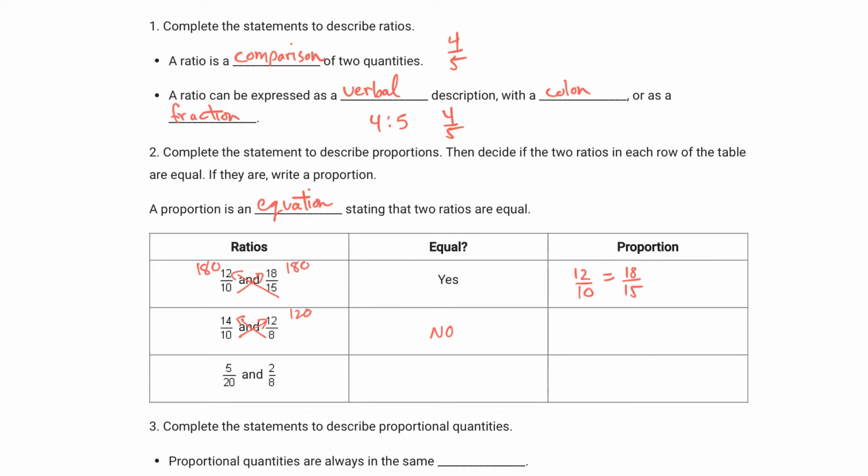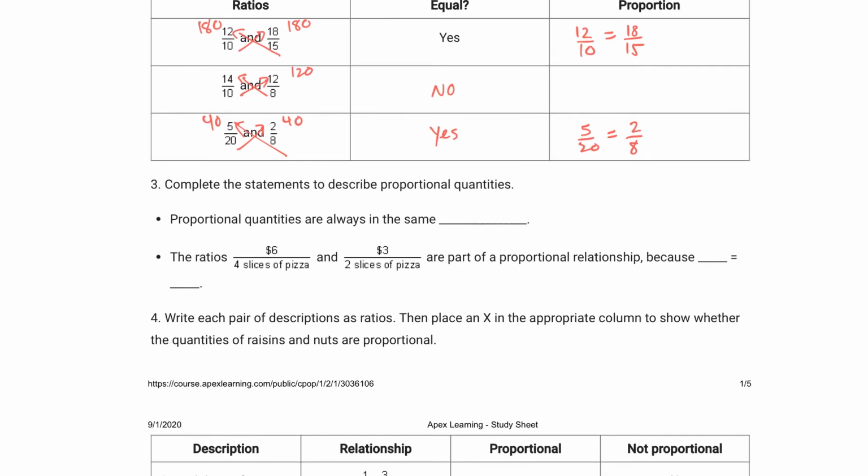Okay, then the last one here, this product is 40, and this product is also 40, so yes. The proportion would be 5/20 is equal to 2/8.